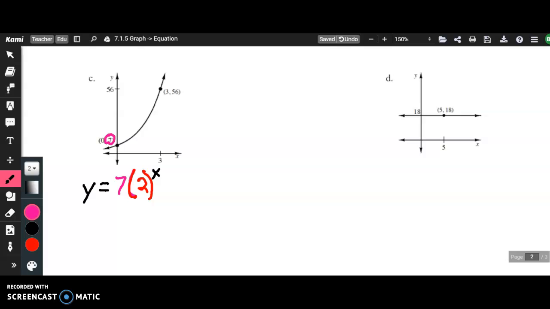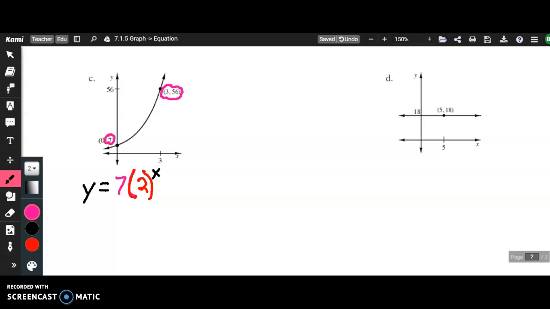The next thing I would do is look at what I know. I have a point at (0, 7), and I have a point at (3, 56). That tells me that between 0 and 3, the graph went from 7 to 56.